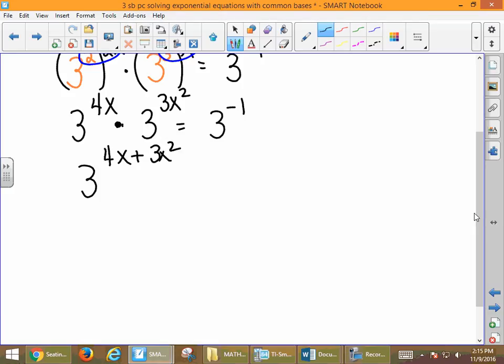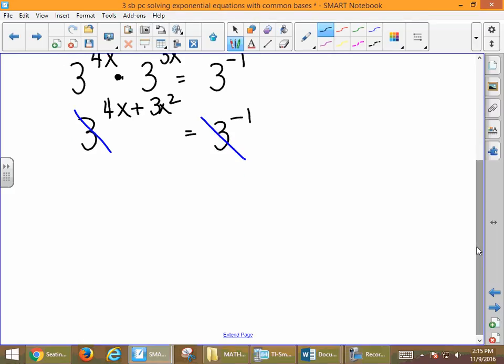If we want to combine it, when we multiply, we add the exponents. And on the right side, we still have 3 to the negative 1. But what we have now is 3 to some exponent on the left side, 3 to some exponent on the right side. We have a common base, and we don't need that base to help us solve. We need the exponent to help us solve.